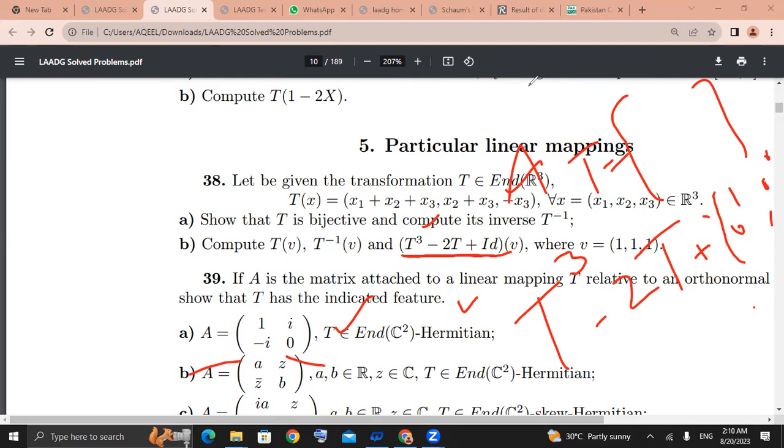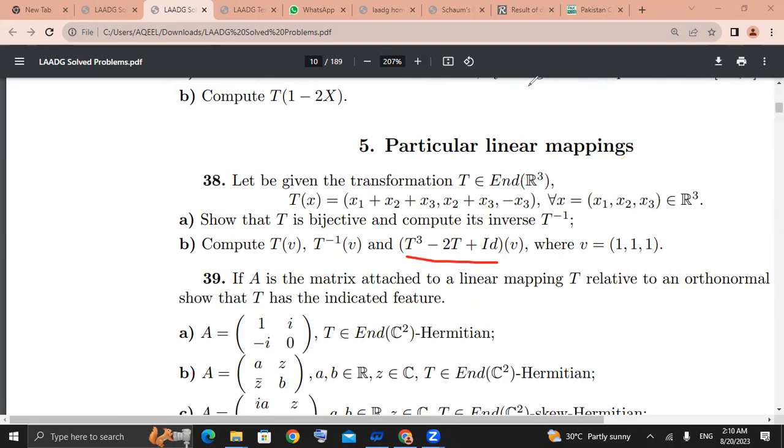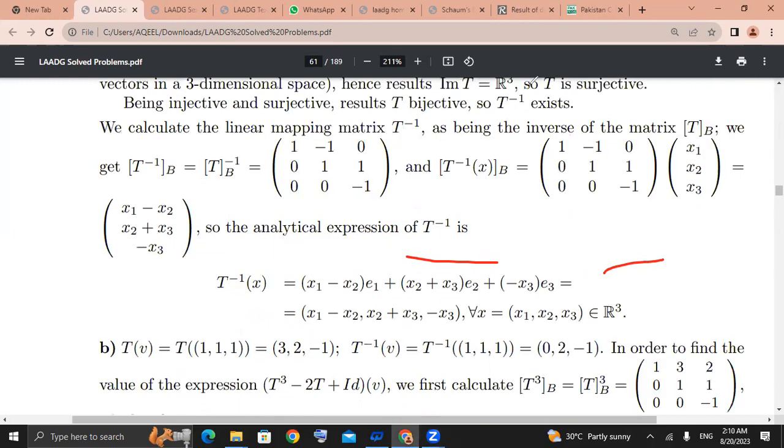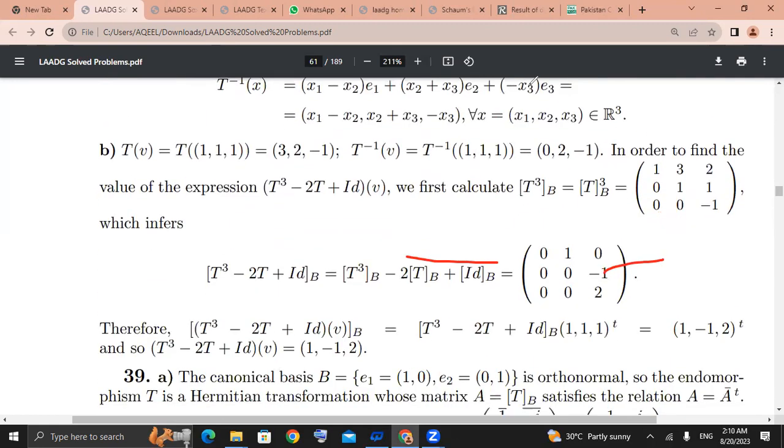You find this in x, and then you put the vector v into this. Look here, for example, he finds the power T cubed, then writes T cubed minus 2T plus Id, and the answer is this. Is it clear?